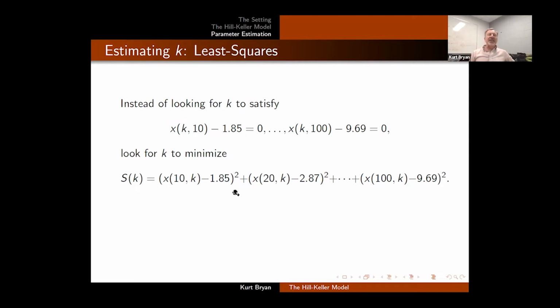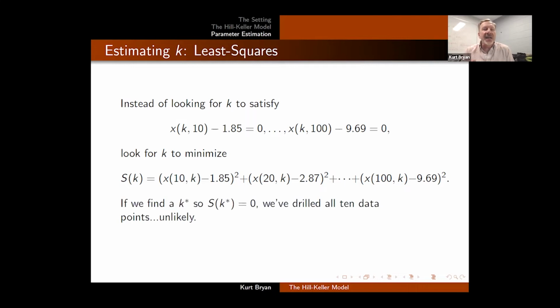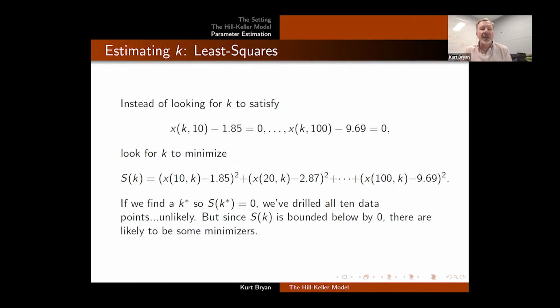So I lead them gradually to this idea: we would love to pick a value of k that makes S of k equal to 0, but we can't. That would require satisfying 10 equations in one unknown. Well, instead of looking for a value of k that makes S of k equal to 0, why not just try to minimize it? Try to solve all 10 equations as best you can with an optimal value of k.